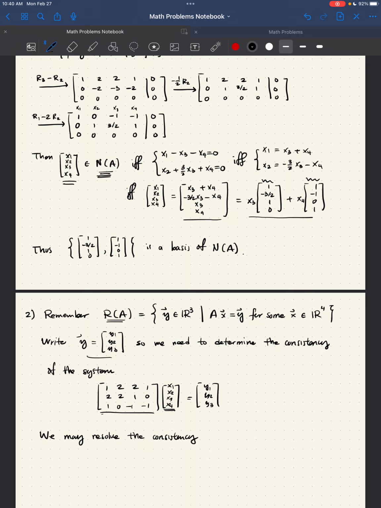We may resolve the consistency of the system by finding the row reduced echelon form of the augmented matrix A with Y, and check the "zero" rows. And here zero is in quotations because there are zeros only on the left of the augmented part.